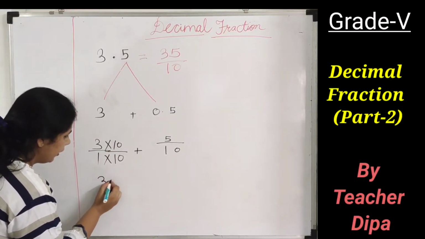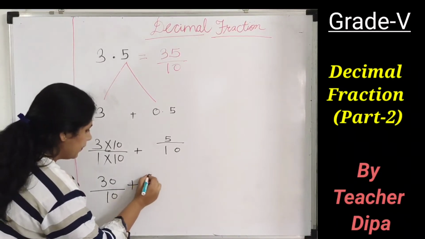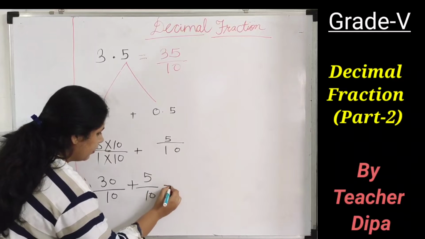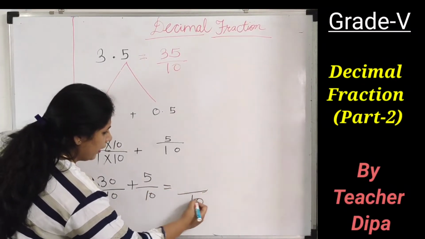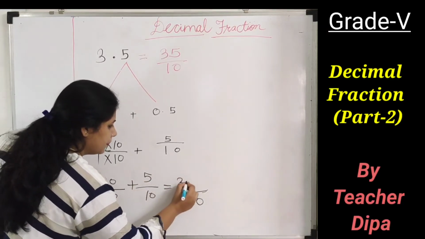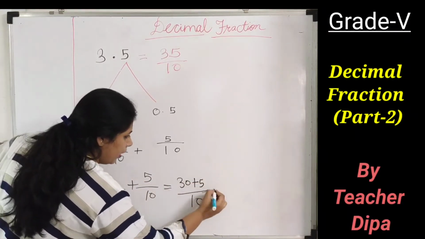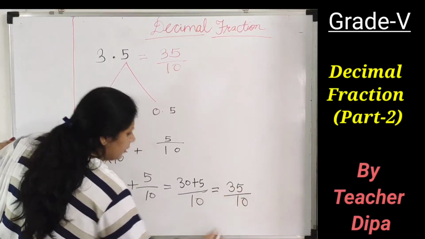So I'll get 30 upon 10 plus 5 upon 10. As the denominators of both numbers are equal, I can write 10, and this 30 plus 5 will be 35. So our answer will be 35 by 10.